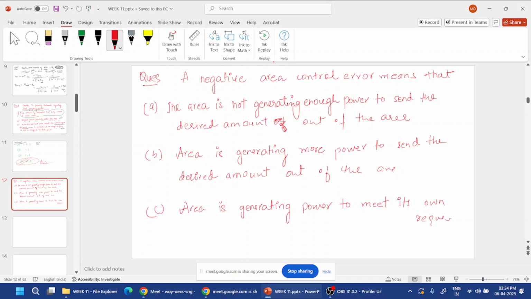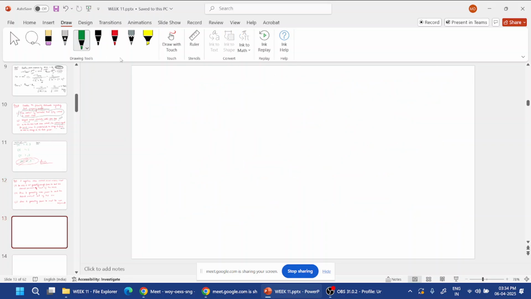Okay, we have to give which of the following is correct. Here the question says a negative area control error means. So first of all, I would like to introduce what an area control error is, specifically a negative area control error.